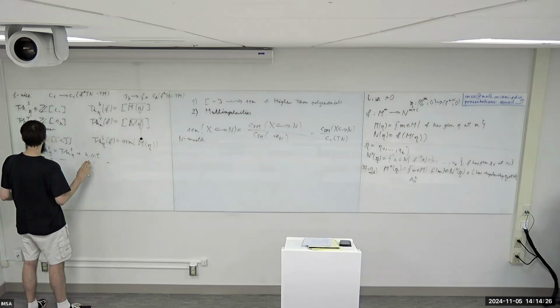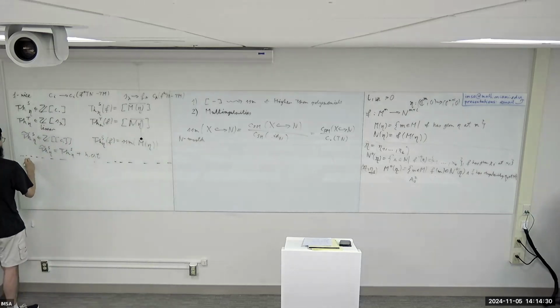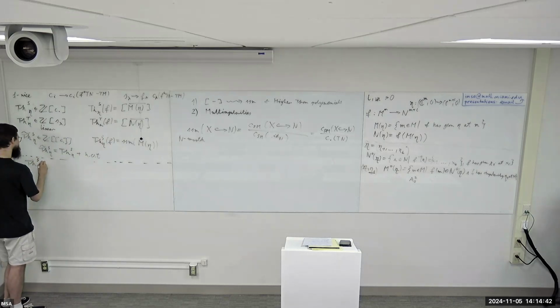Okay. Let's take the next one. There should be a polynomial in the source. Let's start with the source.